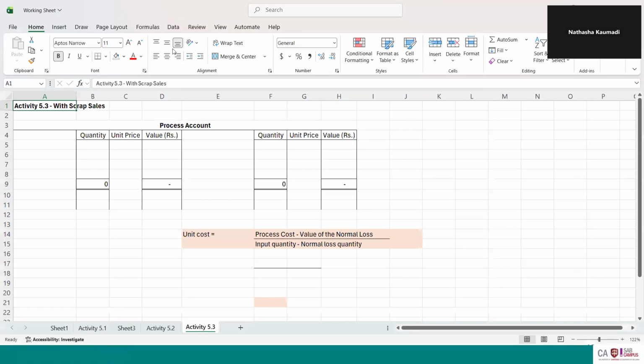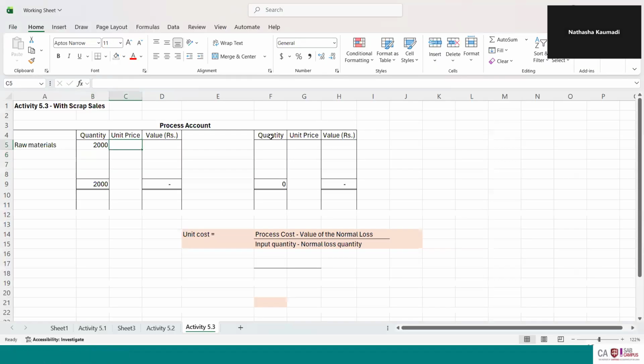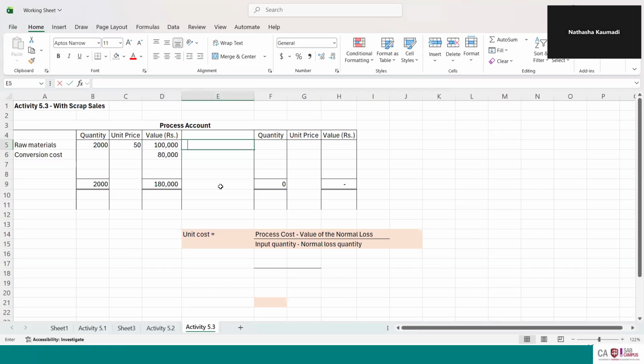Shall we record them out? The first step. Record the information given in the question. Now I can remember raw materials, 2000 kilograms. That's correct. And then the cost of 1 kilogram of raw material is 50. And then in that case, 2000 multiplied by 50, 100,000. And then conversion cost. Conversion cost is 80,000 rupees. Right. And then you have normal loss, 10% of the input. Anyway, we have to write it.